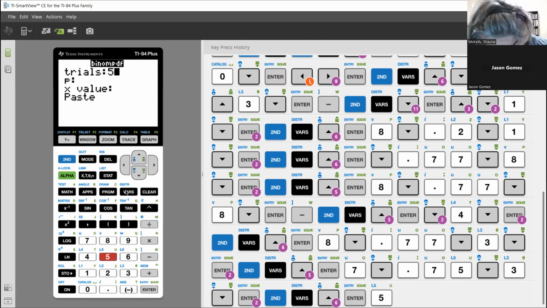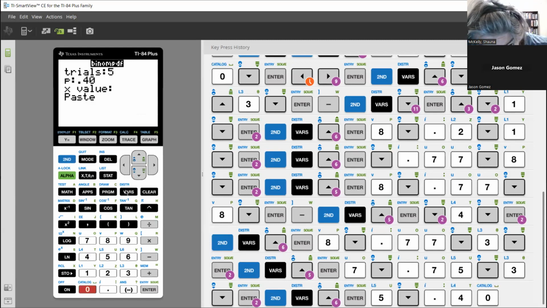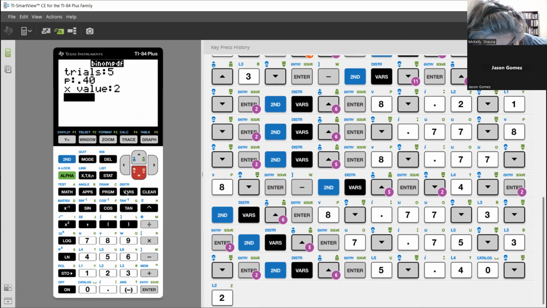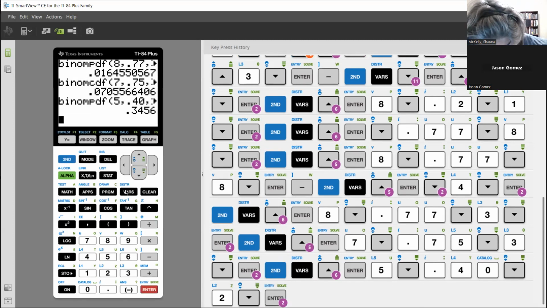That's 5. P is 0.4 or 0.40. And my X here is 2. Paste it. And I get 0.3456.